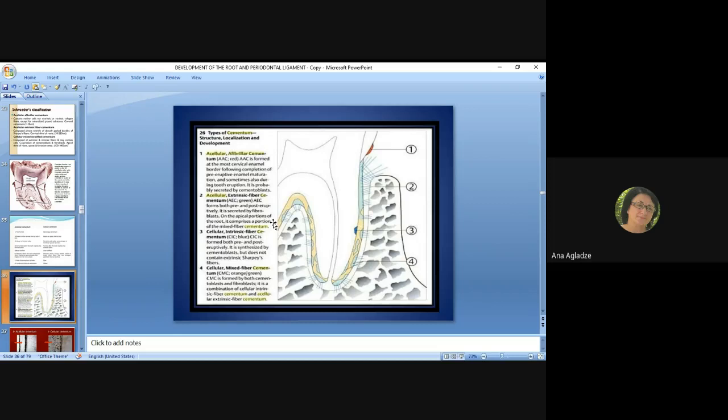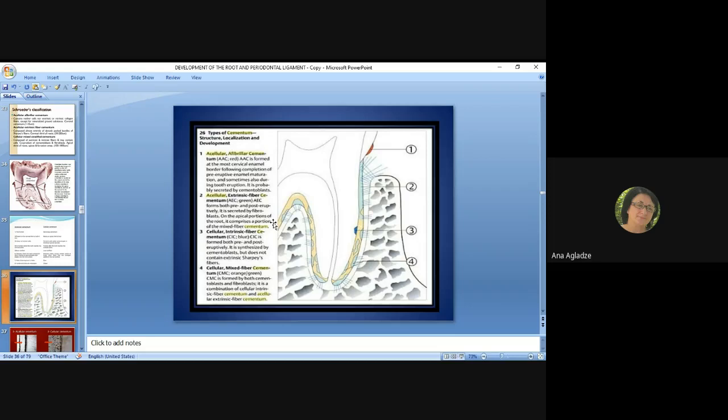The cells of the Hertwig epithelial root sheath form a circumferential surface onto which the root dentin is first deposited. This is necessary for cementum deposition. First, it deposits the dentin, and in this way it shapes the root. Do you see the algorithm of this process?